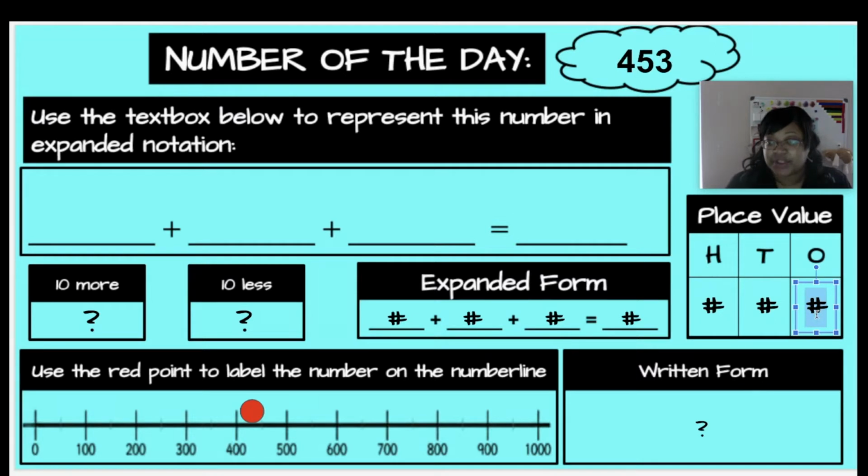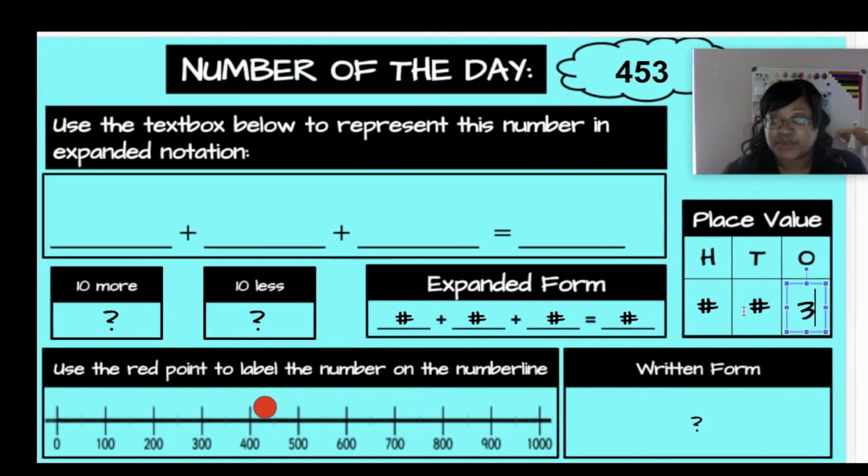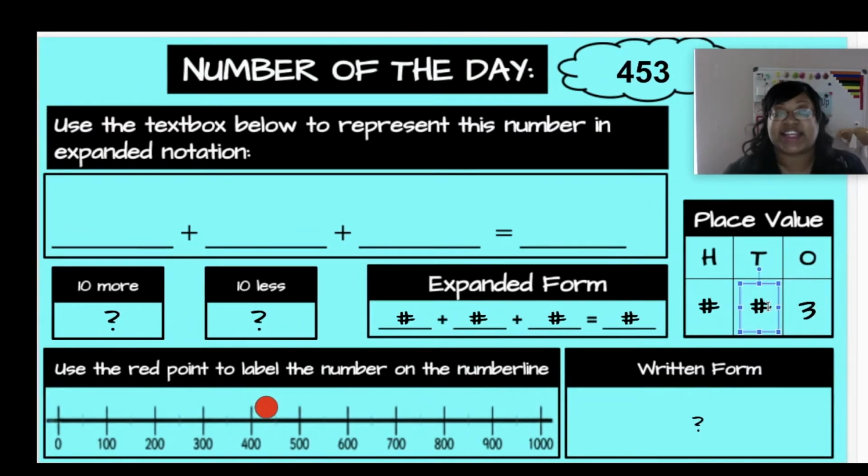So, we're going to double click. You're going to use your mouse and double click and replace that hashtag with the 3 because that's in the ones place. Then we move over here, and the T stands for the tens place.